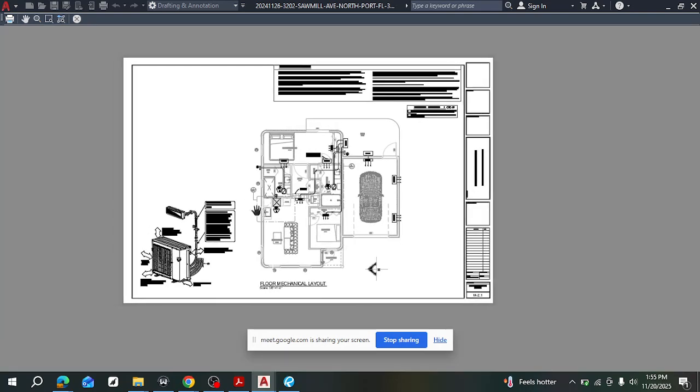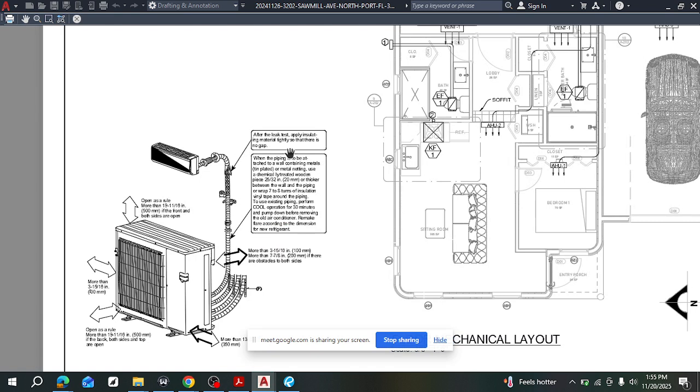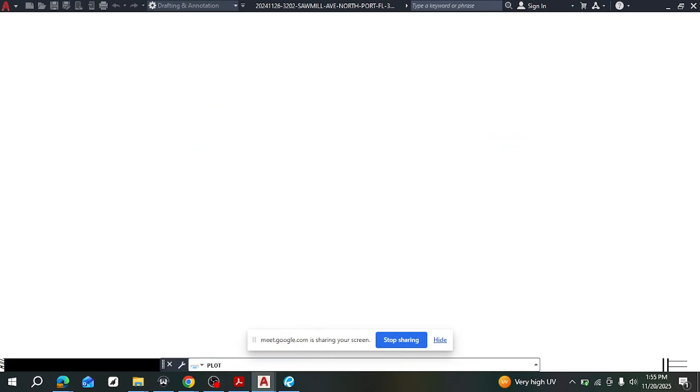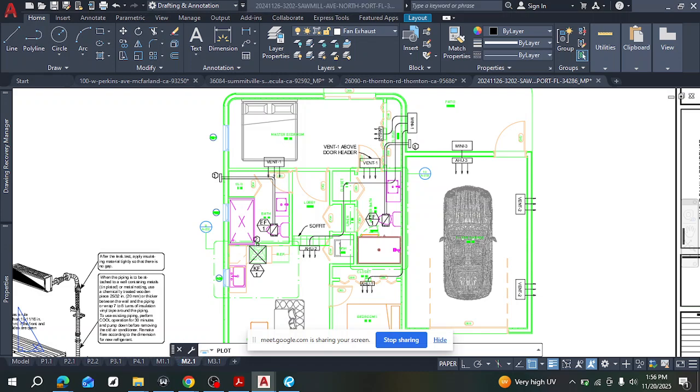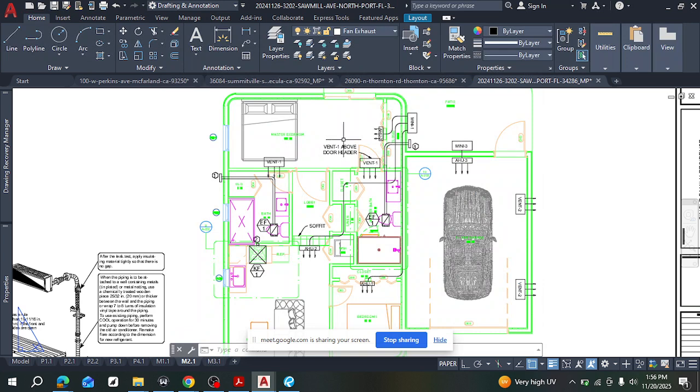Then this is just a detail to show the outdoor unit connected to the indoor unit. It's not drawn to scale, but it gives you a pictorial representation of what it looks like. Then this is AutoCAD. We'll talk about this further in future.